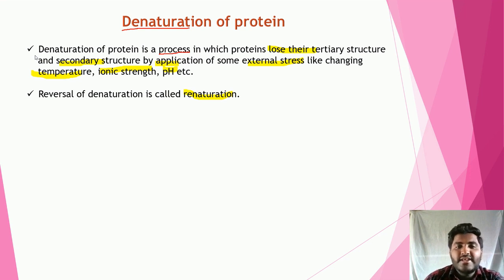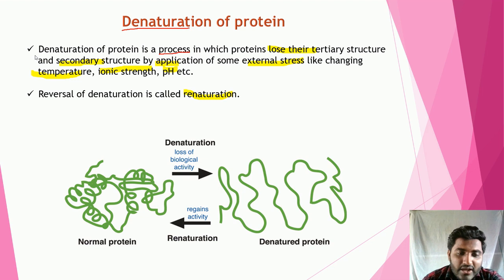We will explain this denaturation by taking a picture. Look at here. This is a normal protein, how a protein looks, the primary structure of the protein I have taken. When we denature it, that means apply some temperature or ionic strength or pH, the normal structure of the protein changes.